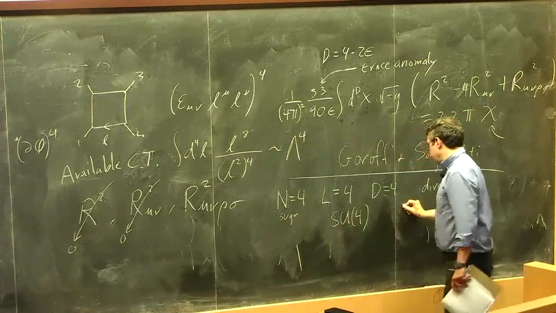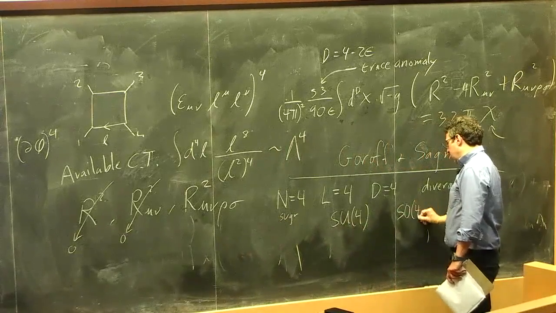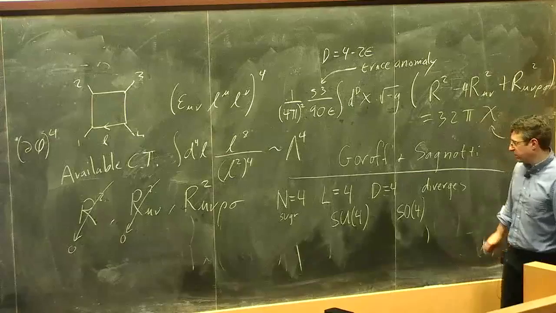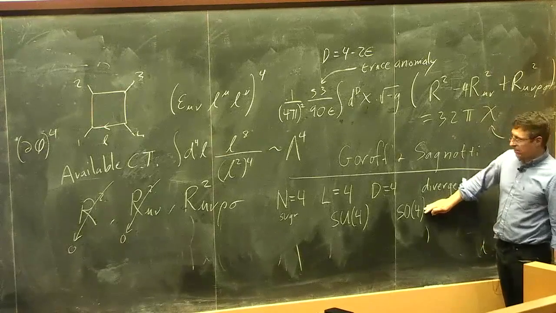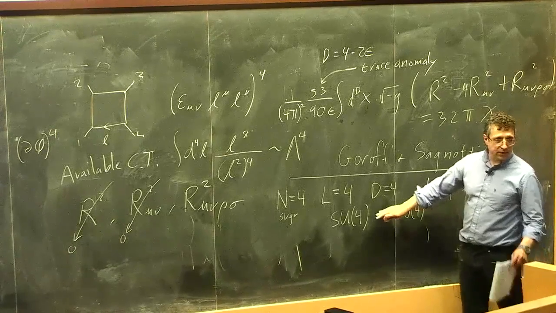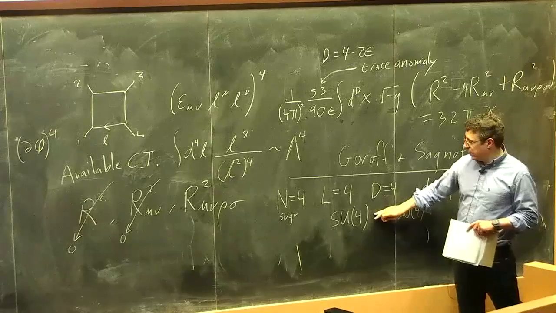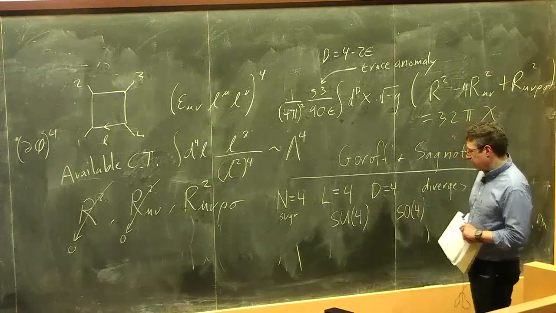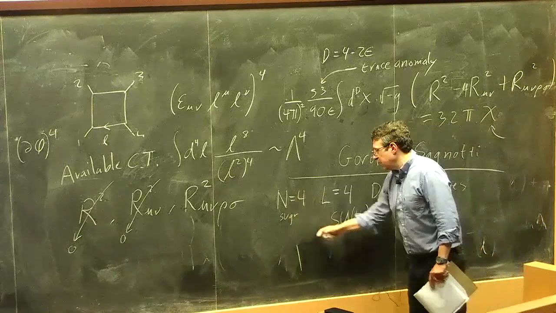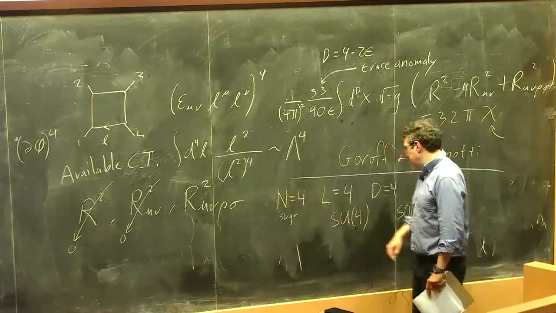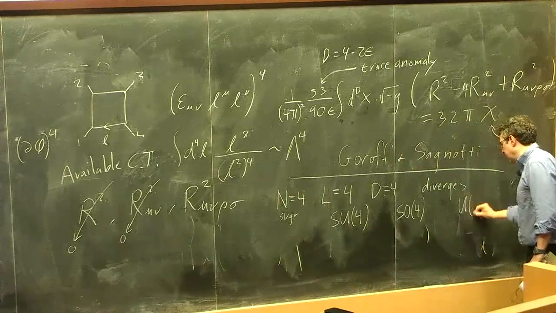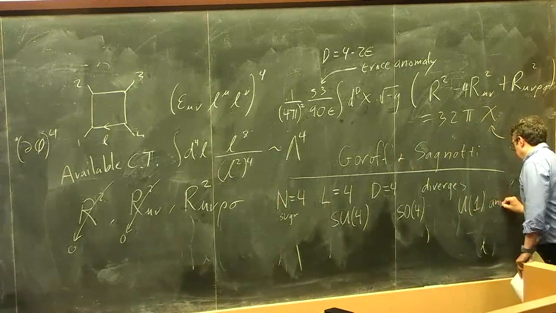There's an SO(4) version, which certainly looks like it has a different structure in terms of these anomalies. Actually, there's a paper from Carrasco, Kallosh, Roiban and Tseytlin that discusses anomalies in the duality symmetry. There's a U(1) anomaly in this theory.